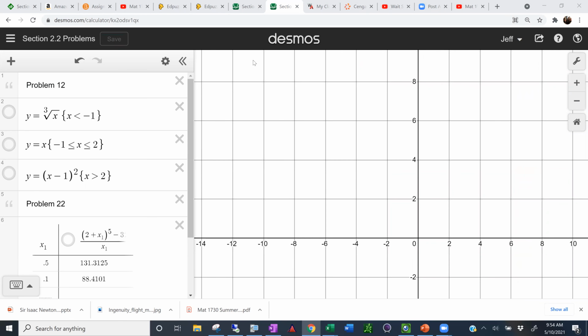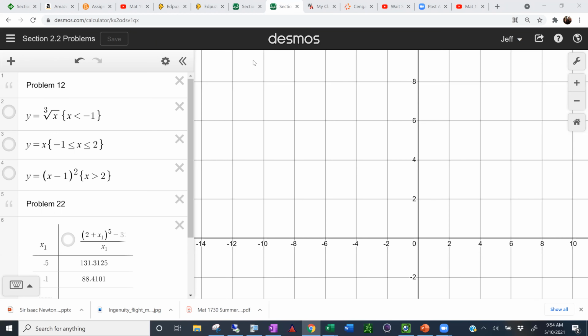So in particular, what we have in problem number 12 is what's called a piecewise graph. So it's f of x is one of these three things. It's the cube root of x for x less than -1.